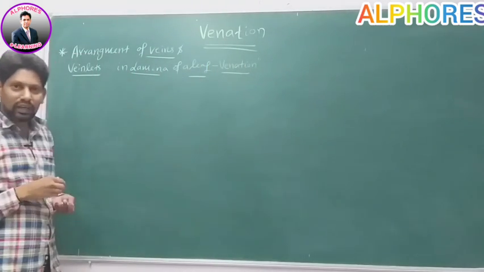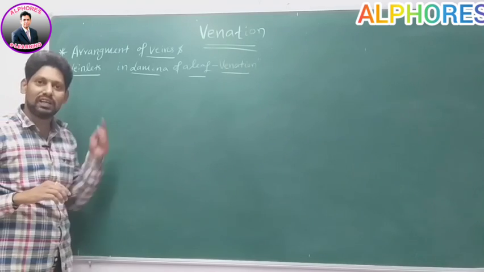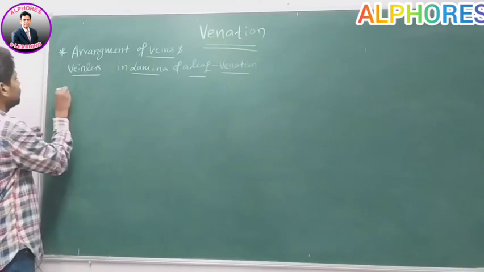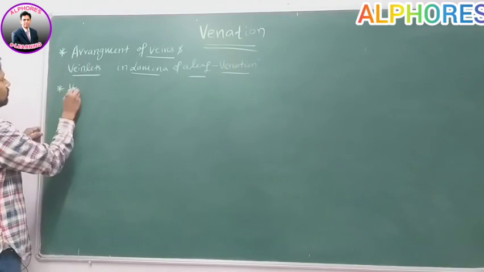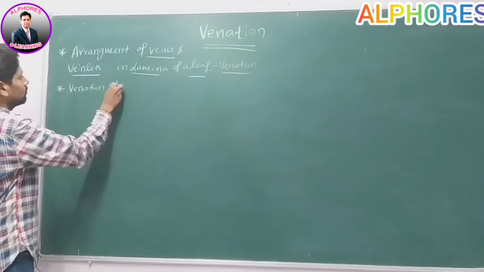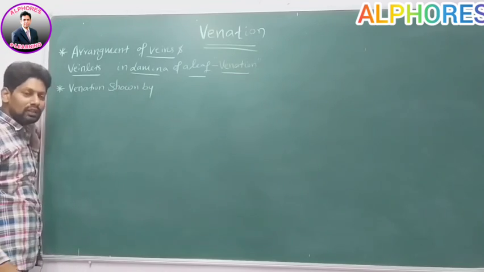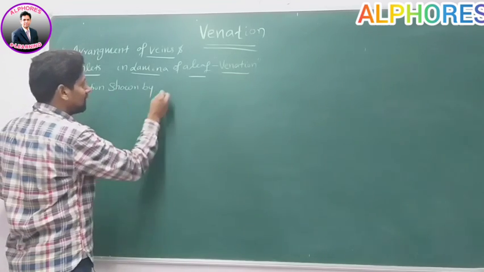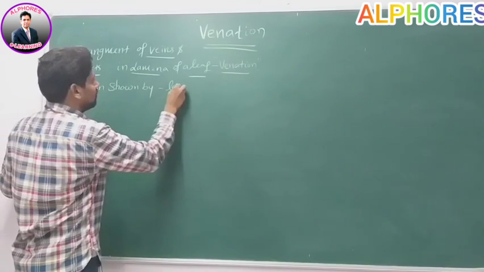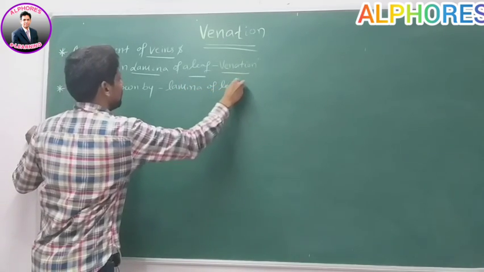Is this statement okay? Venation is shown by which part of the leaf, sir? Lamina. Venation is shown by the lamina of the leaf.